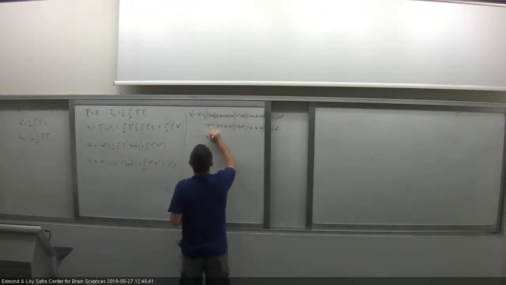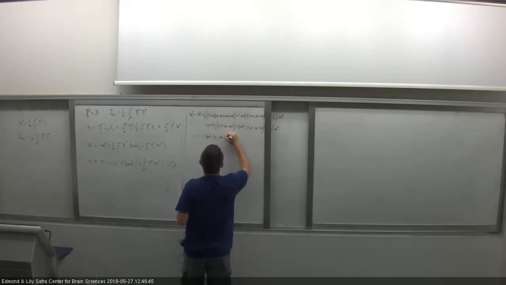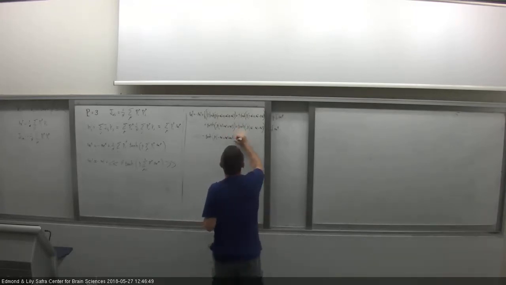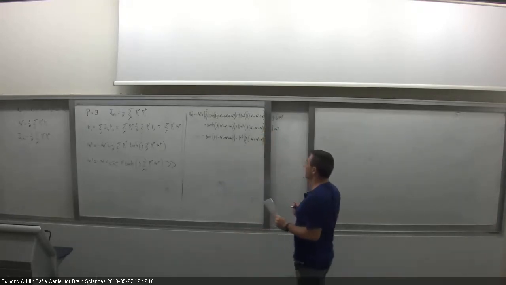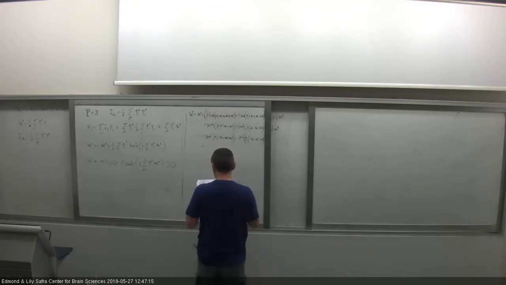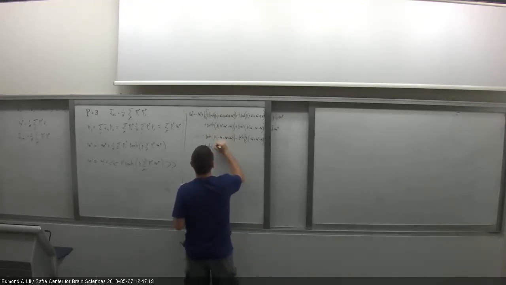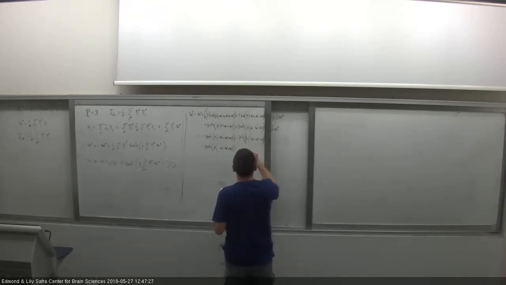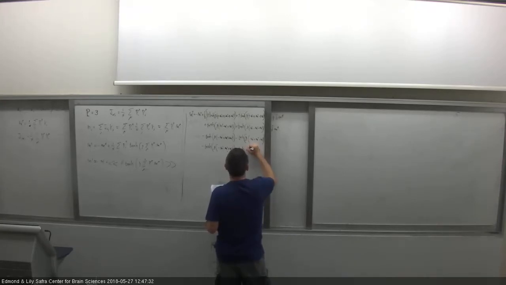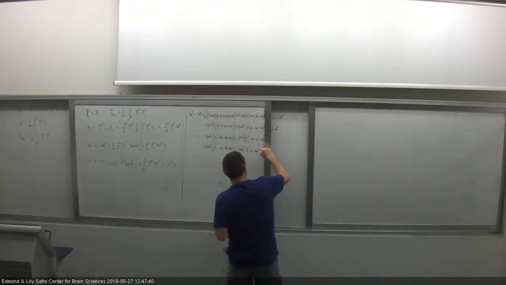Minus hyperbolic tangent of beta times minus M1 plus M2 plus M3, minus hyperbolic tangent of beta times minus M1 plus M2 minus M3, and the last two would be minus hyperbolic tangent of beta times minus M1 minus M2 plus M3, and the last one would be minus hyperbolic tangent of beta times minus M1 minus M2 minus M3. And this is the end.